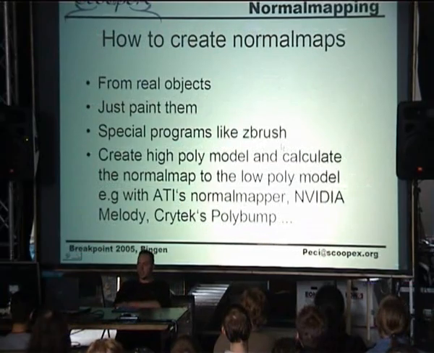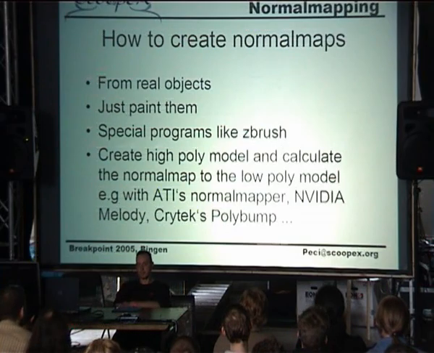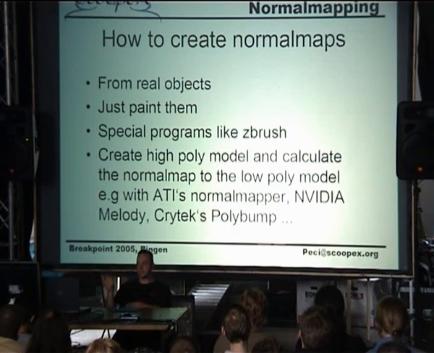So, how do you create the normal maps? Well, there are several methods. One nice method I've seen on the net was that a guy just took pictures of real objects. He took three pictures from the front, one with the light coming from the left, one from above, and one from the top.